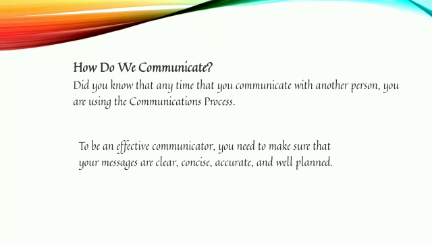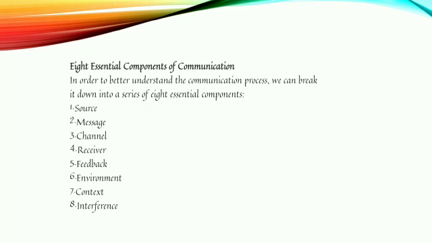How do we communicate? Did you know that anytime you communicate with another person, you are using the communication process? To be an effective communicator, you need to make sure that your messages are clear, concise, accurate, and well planned. To develop our understanding of communication skills, there are some points.